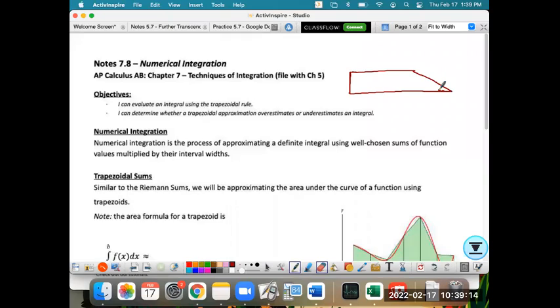Can you guys look up the area formula for a trapezoid, please? I want you guys to still look it up so that you have the visual in front of you as well.